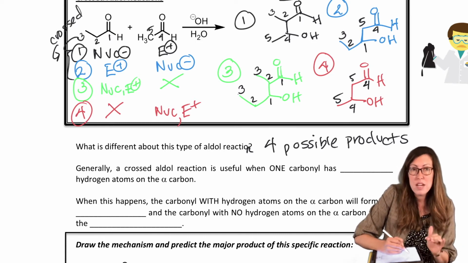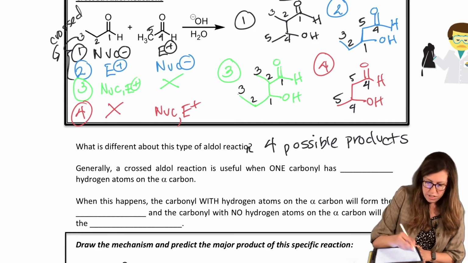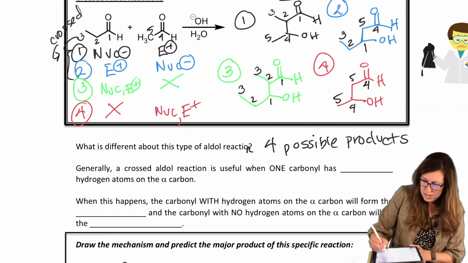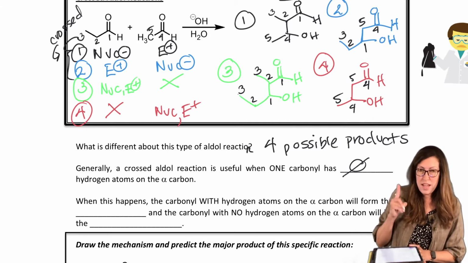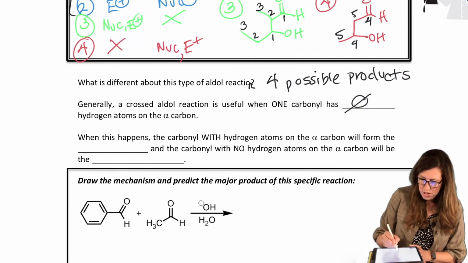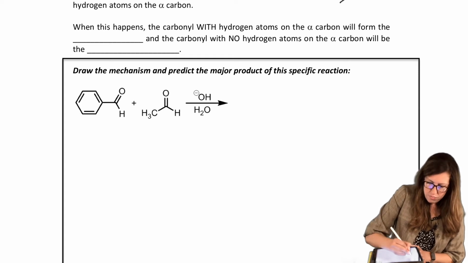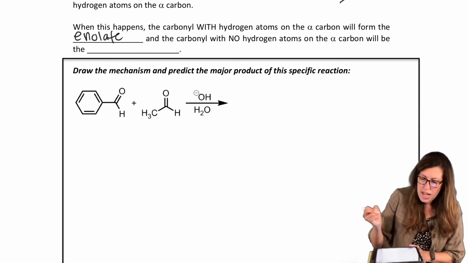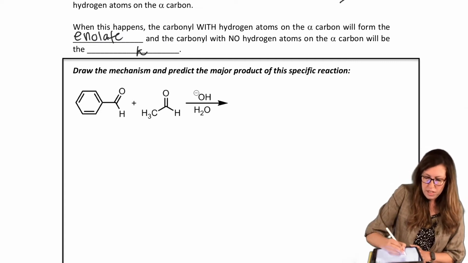So that dramatically lowers the number of products, right? When one carbonyl has 0 hydrogen atoms on the alpha carbon, the other carbonyl, with hydrogen atoms on the alpha carbon, will form the enolate, i.e. our nucleophile. And the carbonyl with 0 hydrogens on the alpha carbon will be the electrophile.